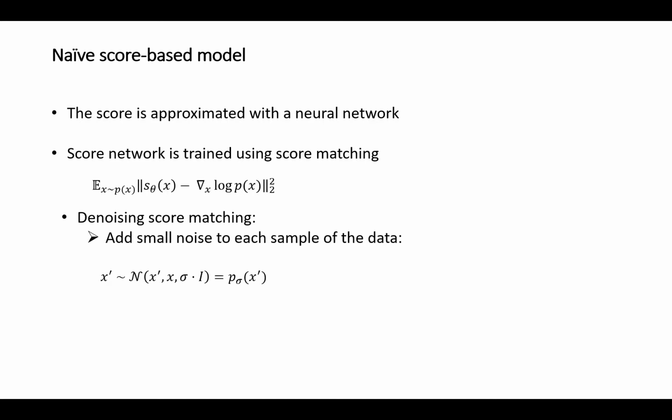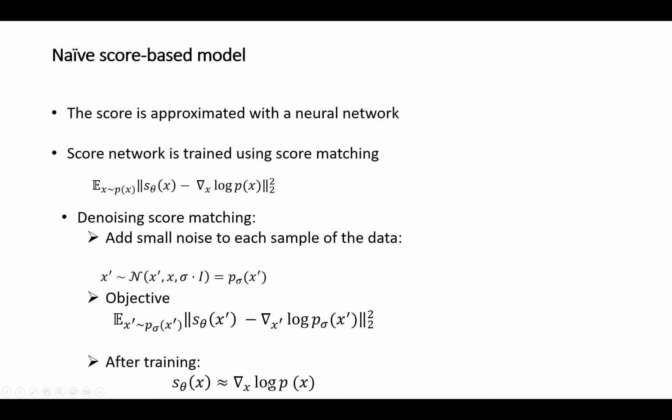The way we start is that we sample x bar from the normal distribution, whose mean is x and whose covariance is the identity matrix with a fixed sigma. Then we minimize this loss function with respect to that sample, and that will approach the score function of the original distribution. So after training, s theta will approach the actual gradient with respect to x of log P of x.